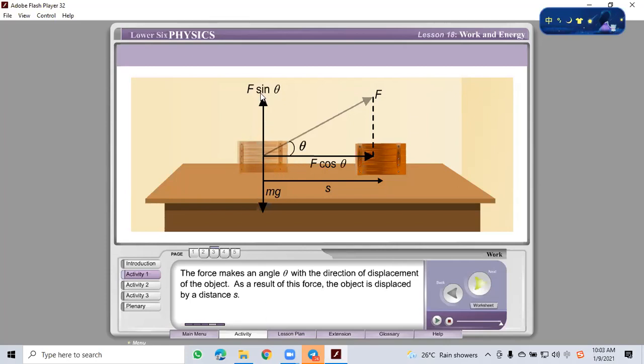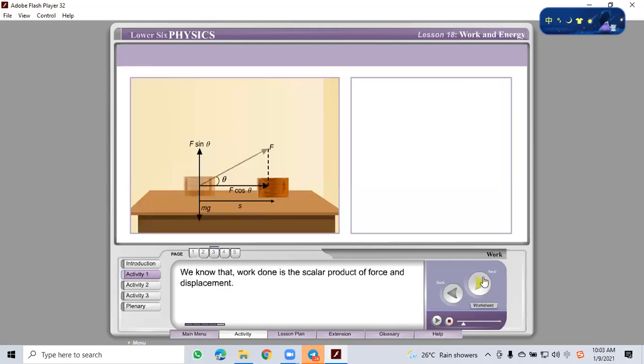The vertical component will be F sin theta, where F sin theta will be equal to mg in the equilibrium position. We know that work done is the scalar product of force and displacement. Therefore, W equals F dot S, which equals Fs cos theta.